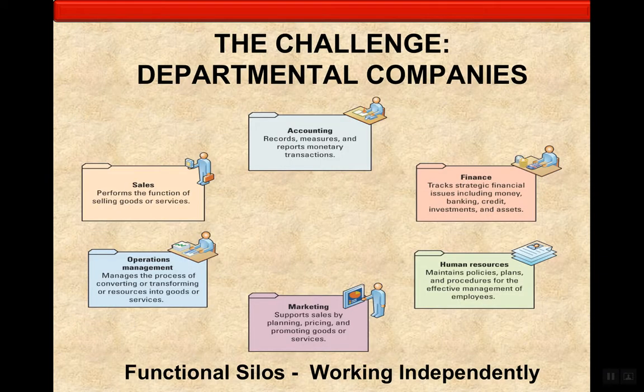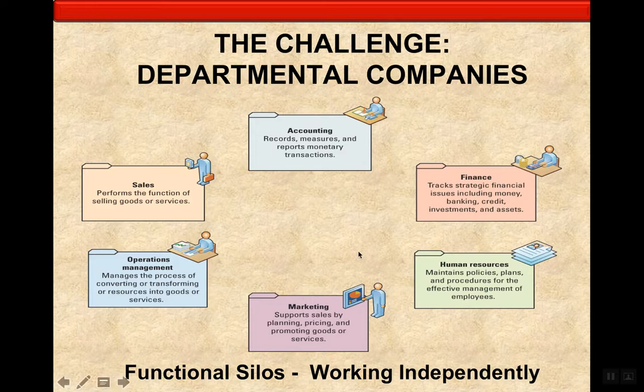So historically, most organizations would operate in a functional silo. Each department would basically operate pretty much independent of other departments. Obviously, they all work in the same company. There are interconnection points, but for the most part, for the longest while, most organizations were focused on the functional silo.